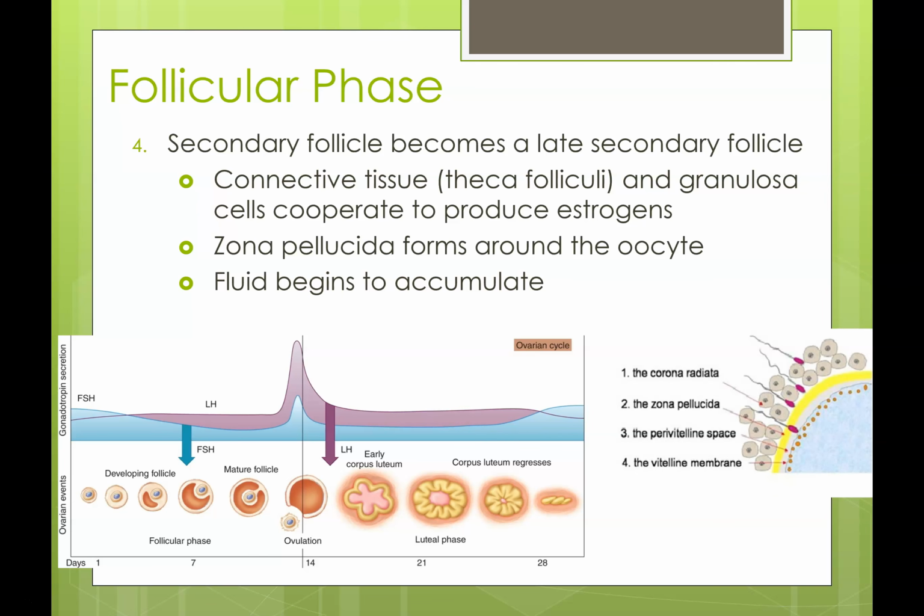We also have a zona pellucida, and that you could see pictured here on the right, that yellow band that you see, that will form around the oocyte to almost serve as a protective layer. And we will start to see that fluid accumulating like we mentioned earlier.